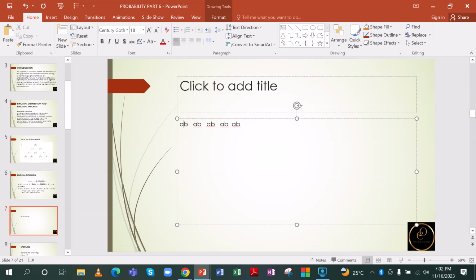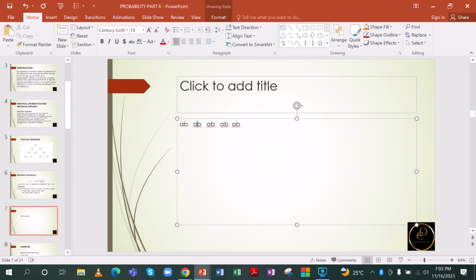So meaning the power of A will be dropping. Here it will be 3, here it will be 2, here it will be 1, here it will be 0. As the power of A is dropping from 4 down to 0, the power of B will be rising from 0 to 4. Where you have A raised to power 4, B will be raised to power 0.